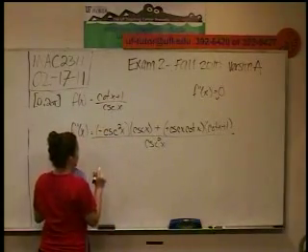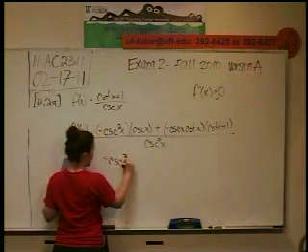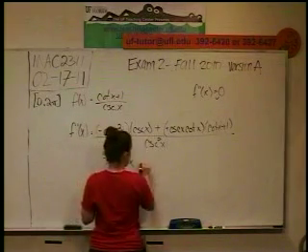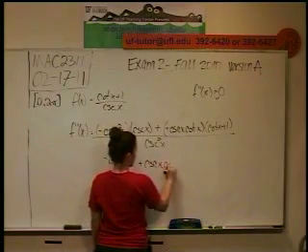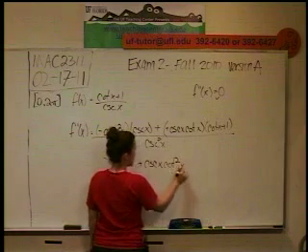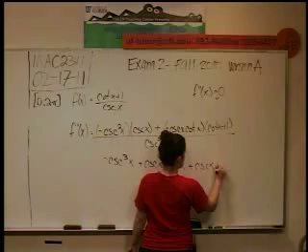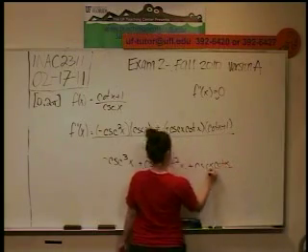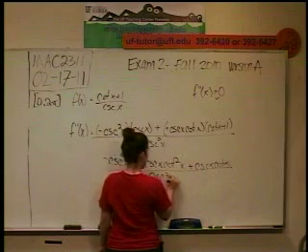So I've got negative cosecant cubed x plus cosecant x cotangent squared x plus cosecant x cotangent x, all over cosecant squared x.